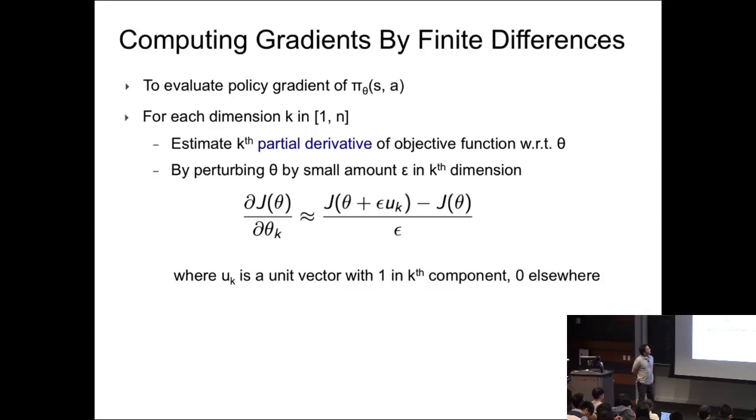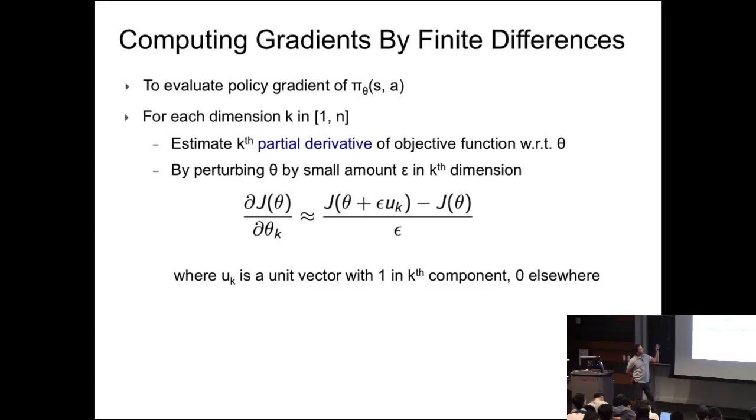To evaluate the policy gradient, sometimes if you can't compute these quantities or you can't compute the derivatives, you could use the finite differences method. For each dimension k, if you have n degrees of freedom, you can estimate the partial derivative of the objective with respect to the parameters.